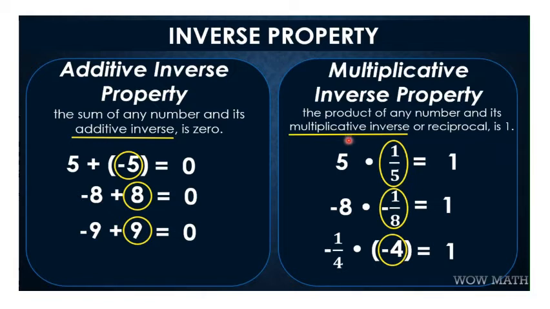Now, take note of your symbol ha. If it's positive, the reciprocal is positive. If it's negative, the reciprocal is negative. Okay? And the product is always 1. So, kung mapapansin nyo, kung babalikan natin yung previous slide, 1 is the identity element in additive identity property.